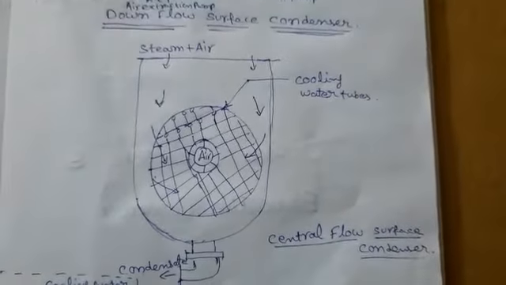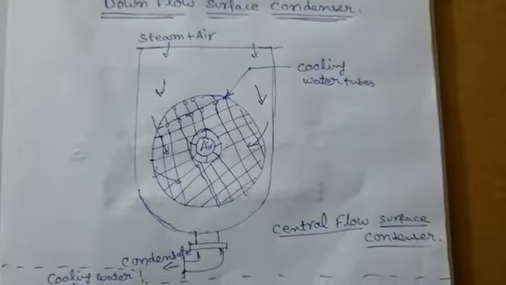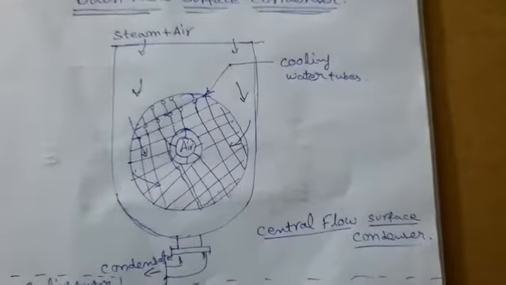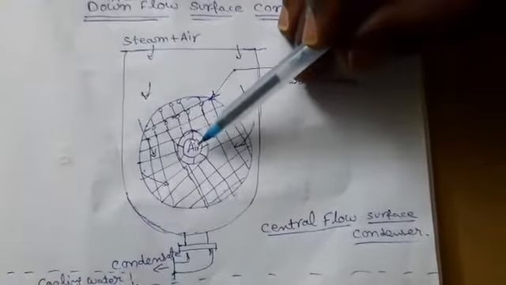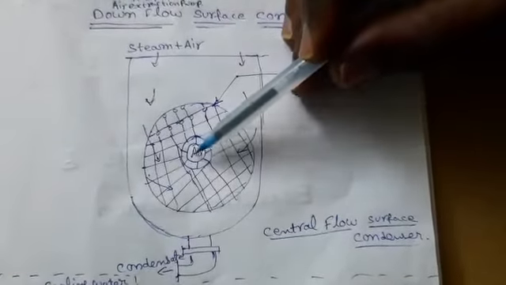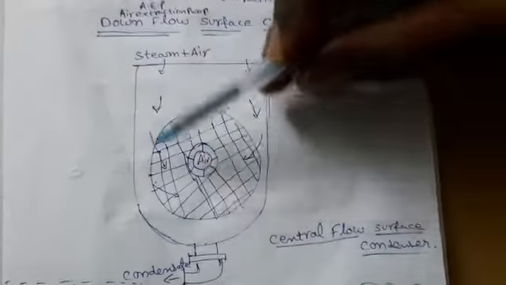The second type is the central flow surface condenser. Here the suction pipe of the air extraction pump is located in the center of the tubes, which results in radial flow of the steam.